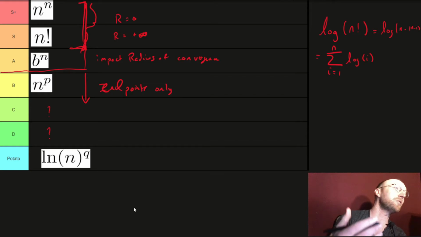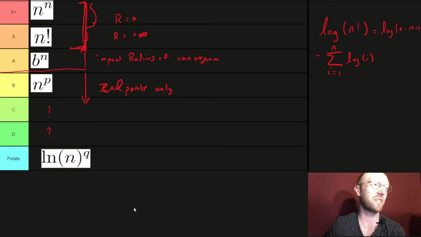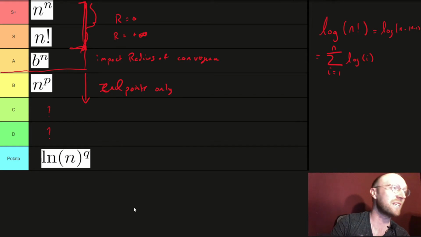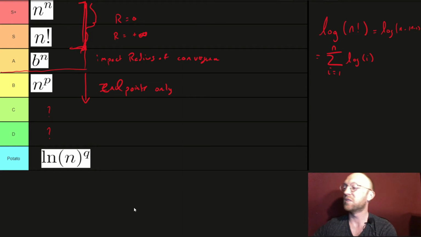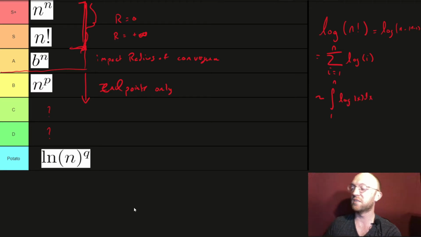So we have the integral test. The series is kind of like the discrete integral. So this is kind of like the integral from 1 to n of log x dx, which is n log n minus n.